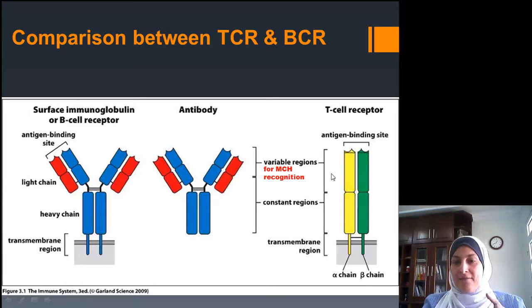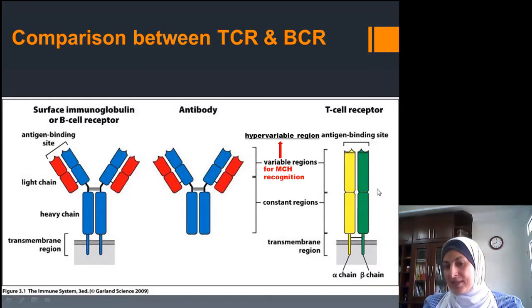So part of the variable region is responsible for recognizing the MHC, and we have a region here called the hypervariable region. This hypervariable region is responsible for recognizing different types of peptides. This is the alpha beta chains in a T cell receptor, so this is an alpha beta T cell receptor.